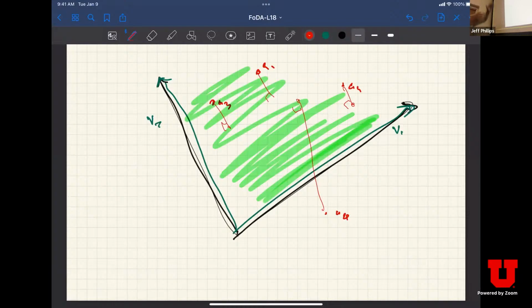Okay, some from above, some from below, and these are going to be my errors. The length of the projection is my error, and I'm going to minimize the sum of the squared errors over the choice of the subspace. So I'm going to find the subspace given a data set that minimizes the sum of the squared errors of this projection. This is the problem that we're going to study.